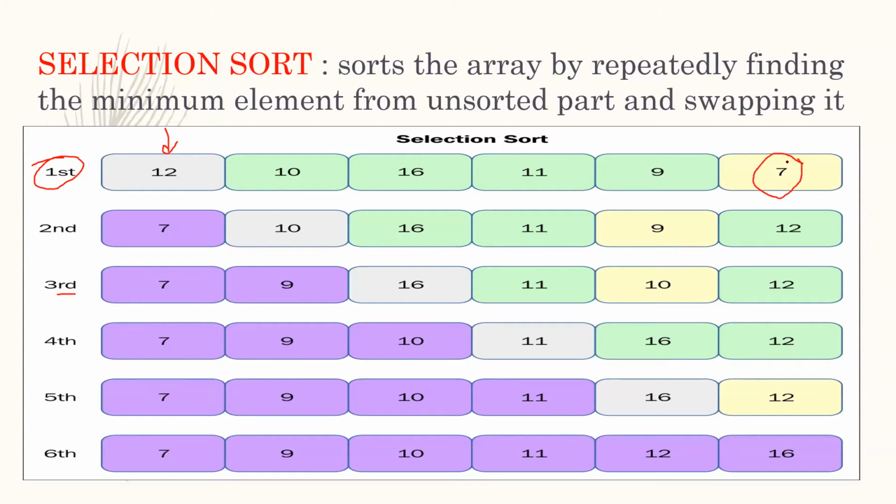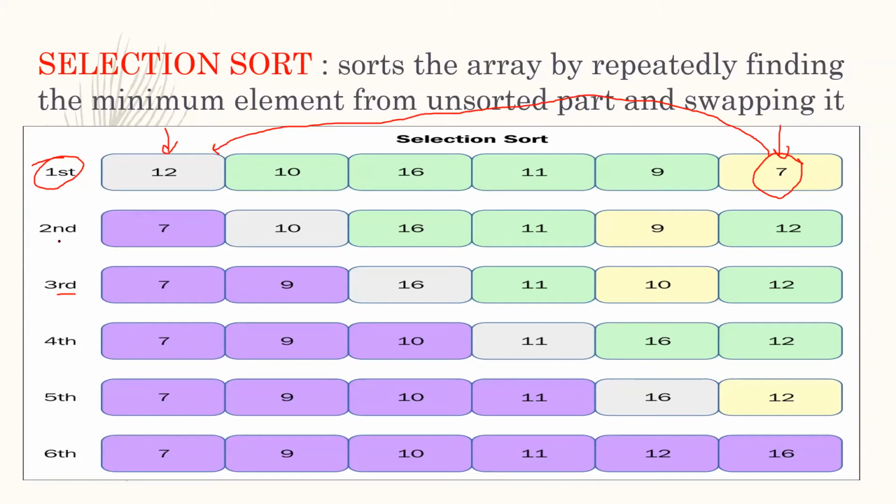First minimum element means, if you have 1, 2 and 3, the first minimum element will be 1, the second minimum element will be 2, and the third minimum element will be 3. I'm using these words so that you can get what I'm saying easily. So the first minimum element here is 7, sorry. So we will swap 7 and 12.